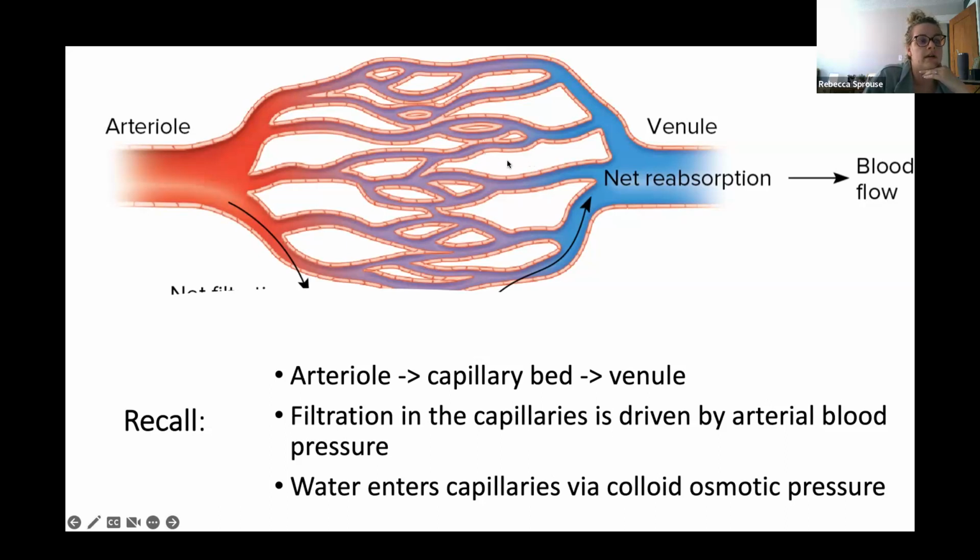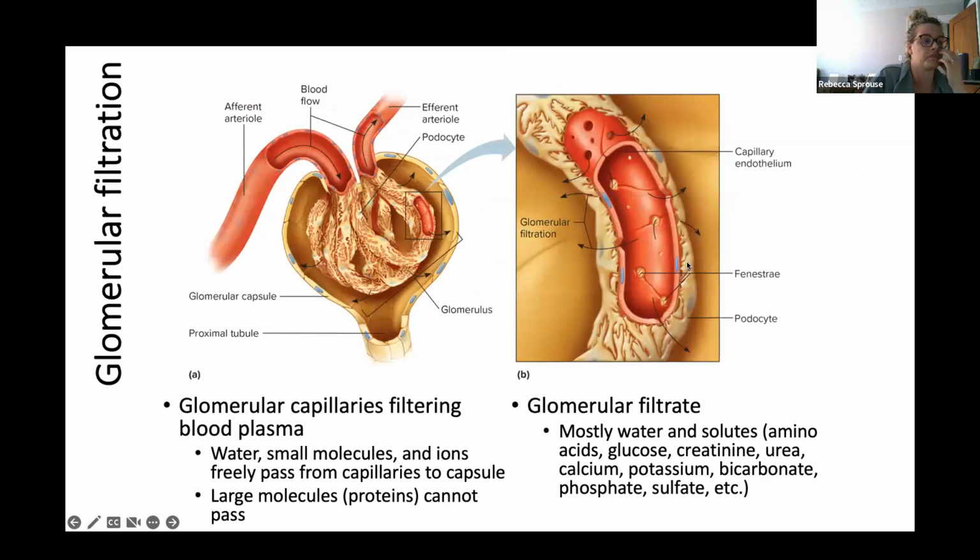Water is attracted to higher solutes, and so water will actually be drawn back into the vascular system because it's attracted to those proteins. So it'll first be filtered out, but then it will be drawn back in to balance out how much protein is in the blood. That attraction is called colloid osmotic pressure. So that's something to keep in mind moving forward.